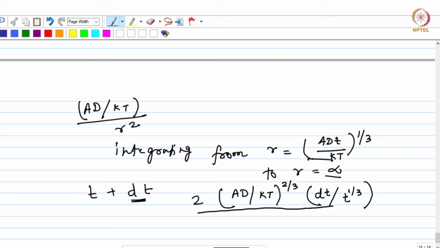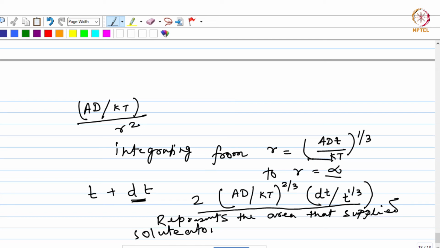Okay, so this is the total solute accumulation, which basically represents the area that supplied solute atoms between time t and t plus delta t. Okay, between t and t plus dt.